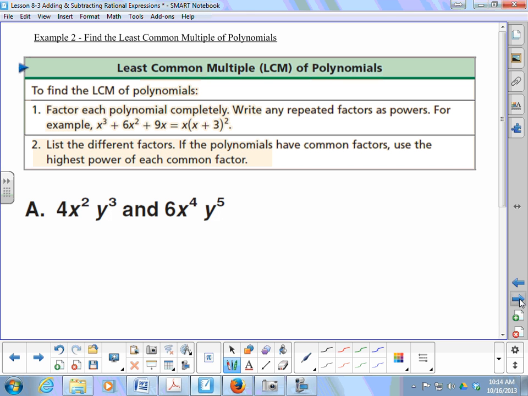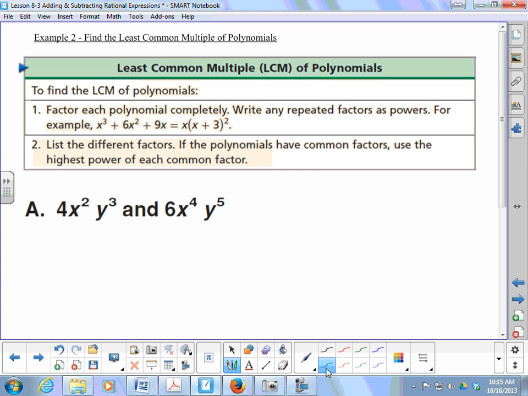For example, they give us x cubed plus 6x squared plus 9x. That would be x times the quantity x plus 3, squared.